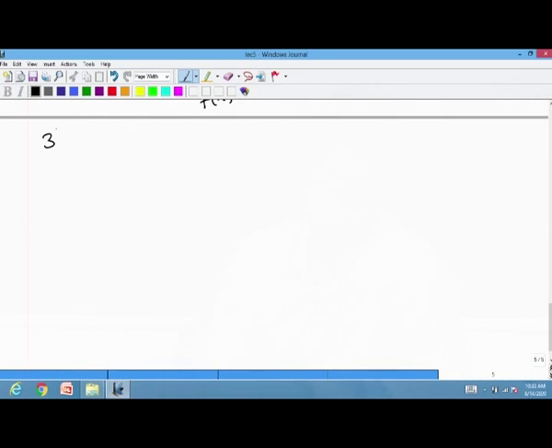So, the third method that you need to know is how to solve linear first order ODEs.